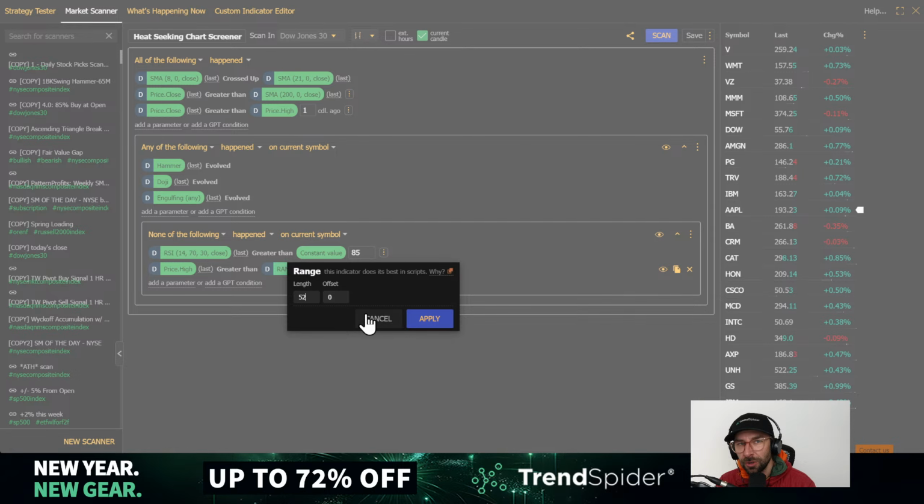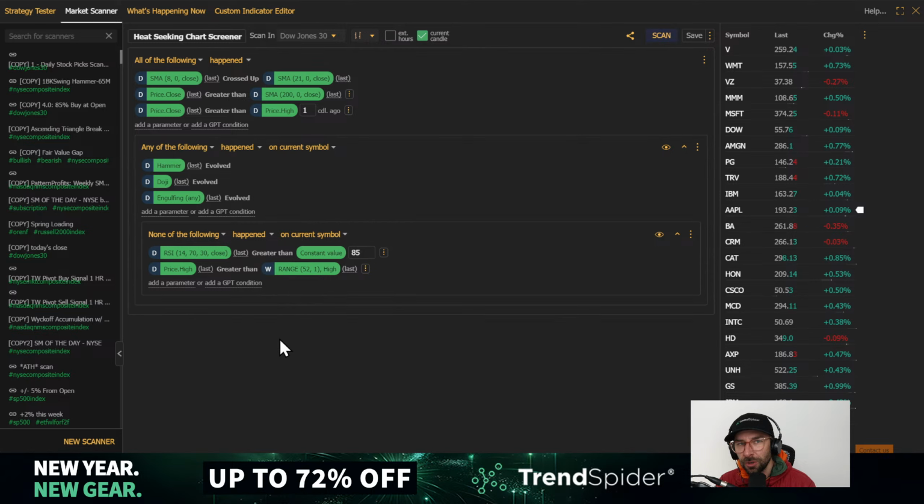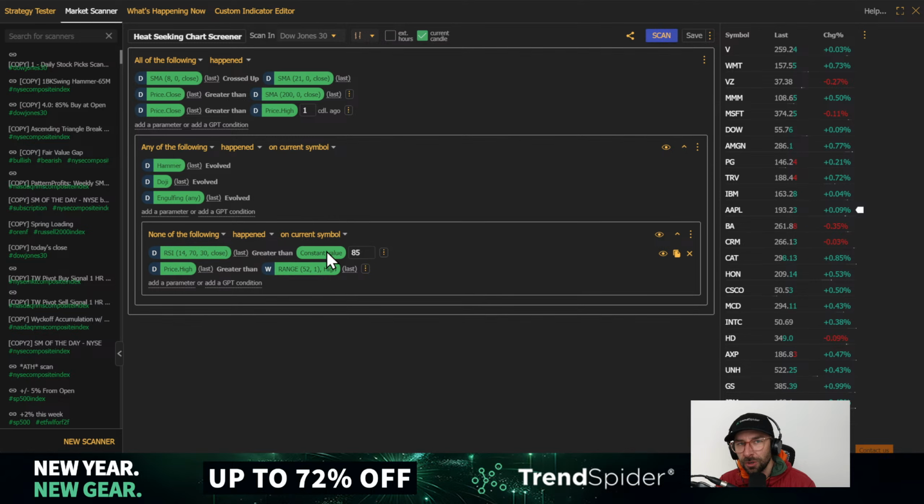We'll make this 52 weeks, offset it by 1, say apply. So maybe we don't want RSI above 85 and we don't want today's high being greater than a 52-week high, right? And that's maybe why we want to be utilizing this none of the following condition.